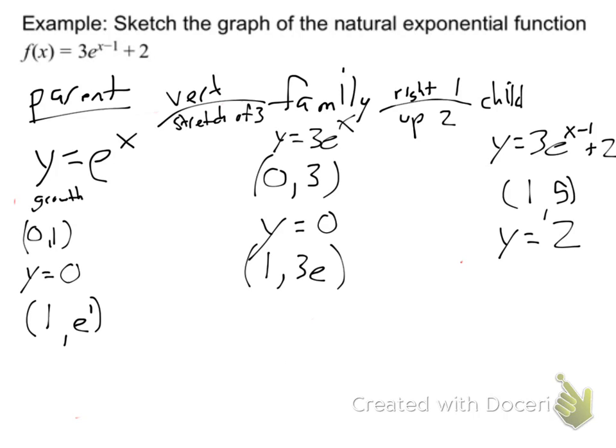And the point 1, comma 3e becomes 2, comma 3e plus 2. At that point, I think I'm going to take the calculator out and figure out a value there. What would that value be?